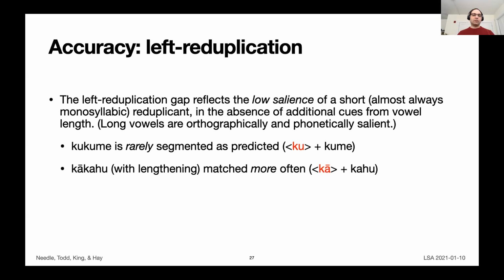So in the example of kukume, that little ku part has no long vowel, it doesn't have that many moras, and it's visually quite small. When there is a long vowel, as in kakau, the speakers match the expectation of the published grammars much more often, even though these forms are quite rare by comparison.